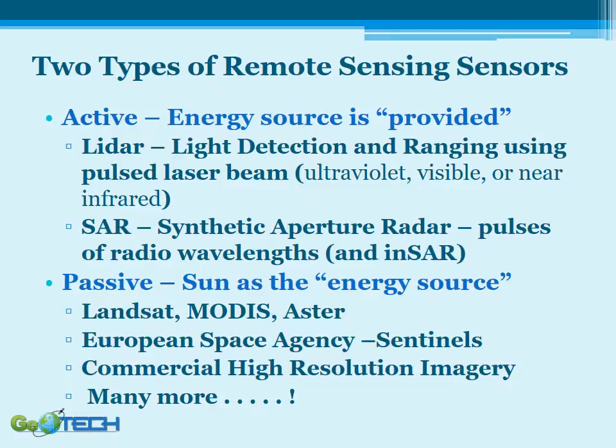Passive, on the other hand, the sensor just collects the energy that is being generated from the solar electromagnetic spectrum. Those include MODIS, Sentinels, lots of commercial high-resolution imagery, and just lots of different data sources.